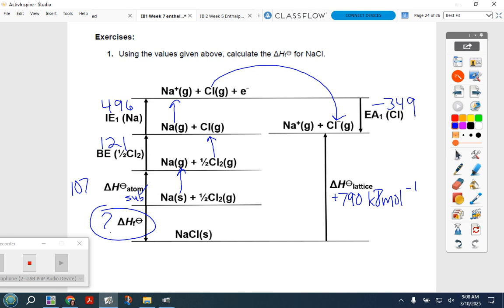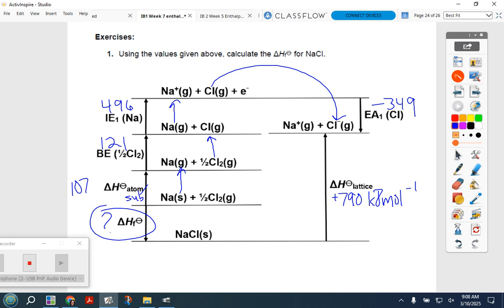Okay, so what we have here are all of the pieces to get us to our enthalpy of formation. The question is, how do we put them all together? This is where one of the questions in the exit ticket a lot of folks got wrong, and I think this will help you understand why, but we will go over it tomorrow.